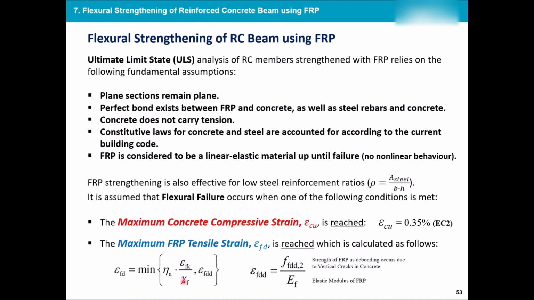And we said it's a minimum of either this value, which comes from the factory and we just apply a partial factor and an environmental factor, or it comes from this formula, which I calculate the strain of my FRP due to the debonding occurring due to the vertical cracks in the concrete, and I just simply divide it by the elastic modulus of FRP. So once I calculate this, the minimum value of these two will give me the maximum FRP tensile strength. Whenever I pass this in my section due to the loading, either in compression or tension, my section will fail.